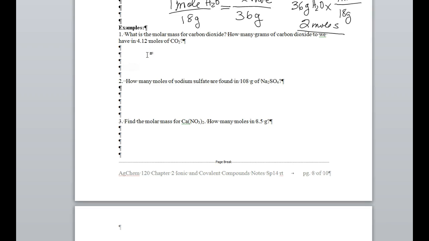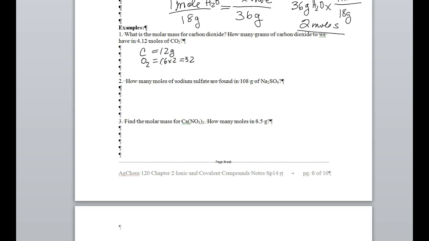Oh, I got to push the pen up here. So C equals 12 grams. A dioxide is an O2, right? What's 1 oxygen? So 16 times 2 equals 32.